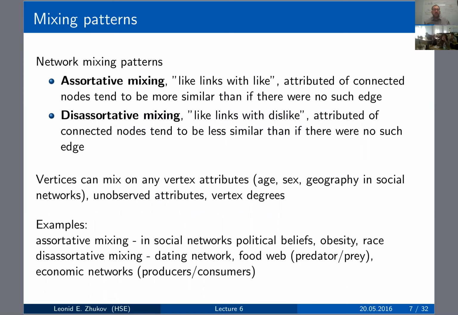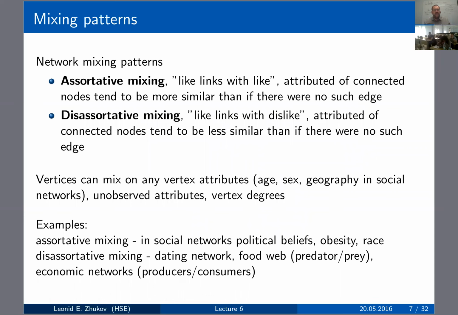So what I'm trying to say is, by looking at the graph, you might notice that, for example, low degree nodes are connected only to low degree nodes. Or you might see that high degree nodes are connected to only high degree nodes. Or you might see the situation where low degree nodes are always connected with high degree nodes.